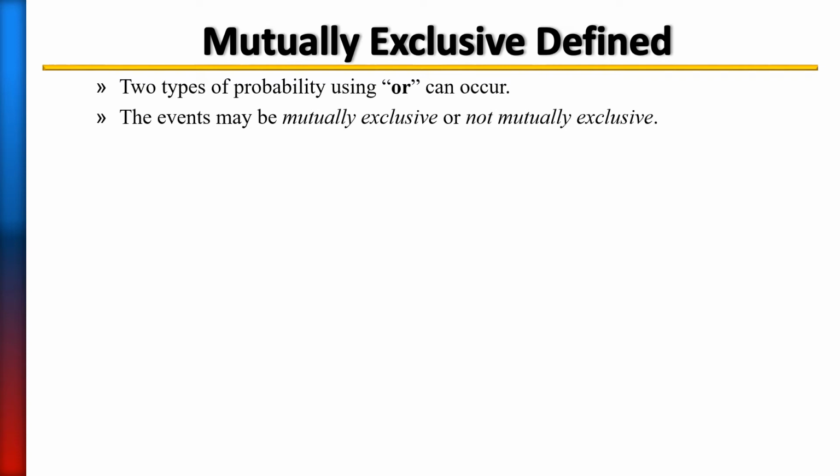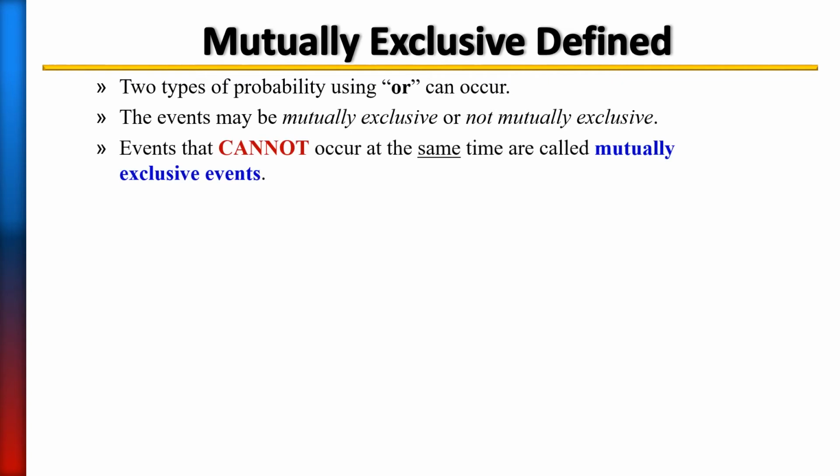The event may be mutually exclusive or not mutually exclusive. Events that cannot occur or happen at the same time are called mutually exclusive. In other words, they cannot happen simultaneously.